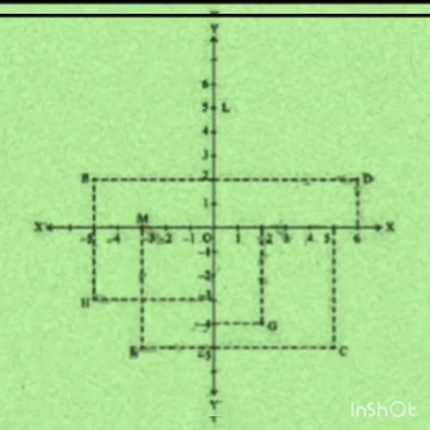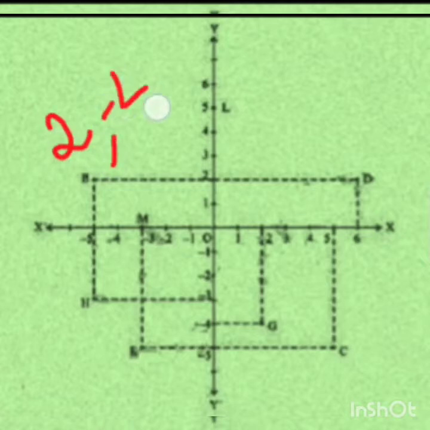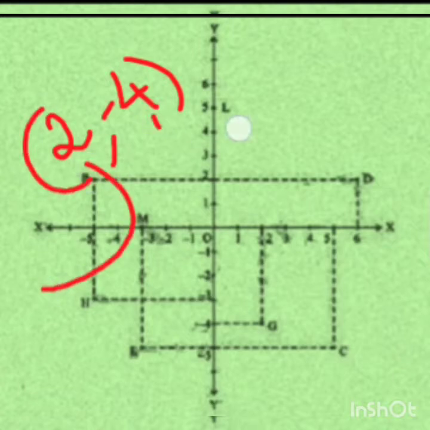Let's move to the fourth question. The point identified by the coordinates (2, -4). Fine. (2, -4) indicates that the abscissa is positive and the ordinate is negative. Abscissa positive, ordinate negative means this point must lie in the fourth quadrant. Fine. So where to locate this point?